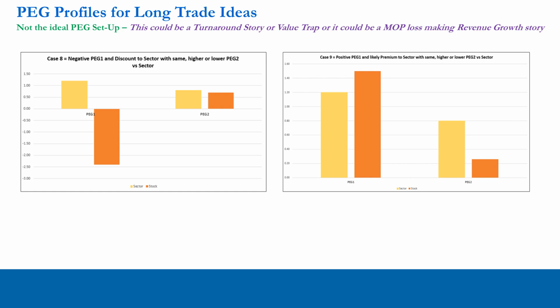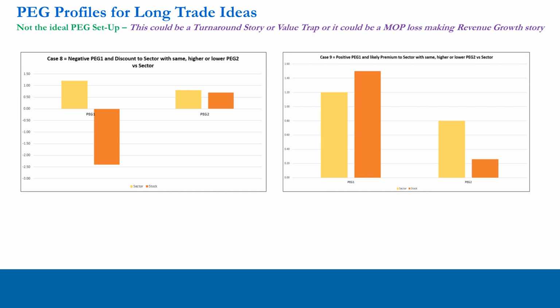So when we're dividing the positive by the positive, we end up with a positive PEG. And the PEG 2 for the stock can simply be the same, higher or lower than the PEG 2 for the sector. So with case number 9, like case number 8, we're putting a lot less importance on PEG ratio overall in our analysis, but what we're looking to see is a normalization of PEG.